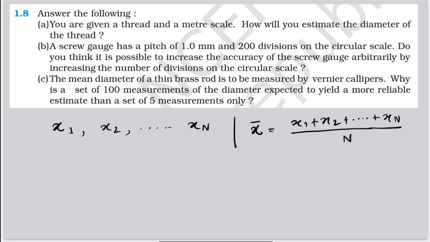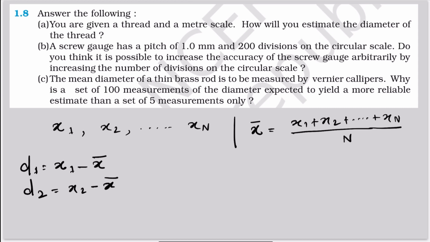Now x1 minus x bar will be the deviation for x1. So I will write d1, the deviation for x1. The deviation of x2 will be x2 minus x bar. That means how much x1 is deviated from the mean value.